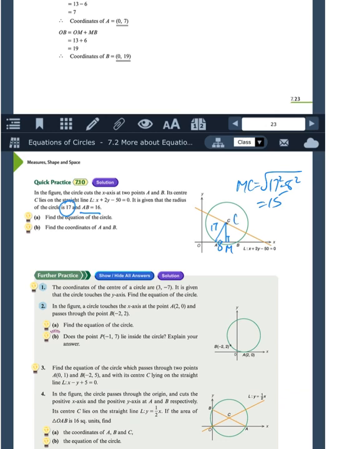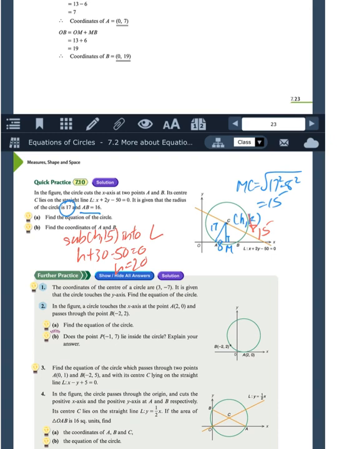If MC is 15, then k will be 15. How about h? You should substitute h and 15 into the line L: h plus 30 minus 50 equals 0.